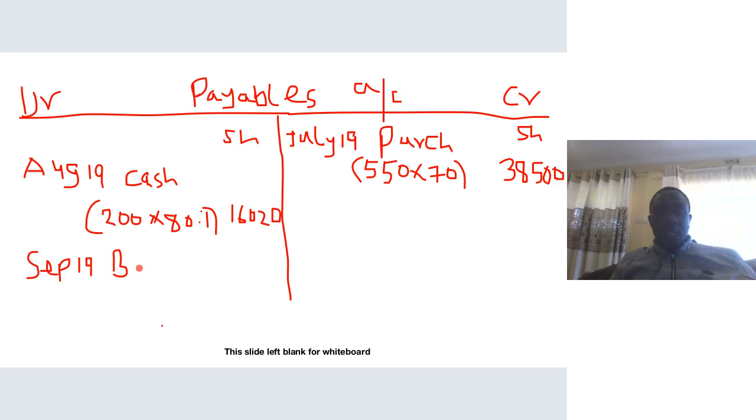Remember, it has not been settled, so we cannot write cash. So we will have the balance carried down, and the amount there will be 550 minus 200, which is 350, times the exchange rate at that particular time, which was 82.7.